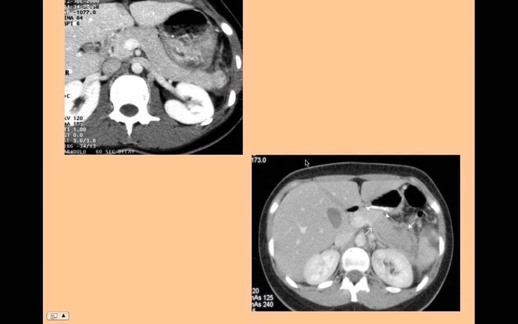Okay, so here's some CTs, and you probably won't get CTs this in-depth on Step 2, possibly on Step 3. But this is a normal pancreas here, and you can see that the pancreas has a lobular cystic structure.